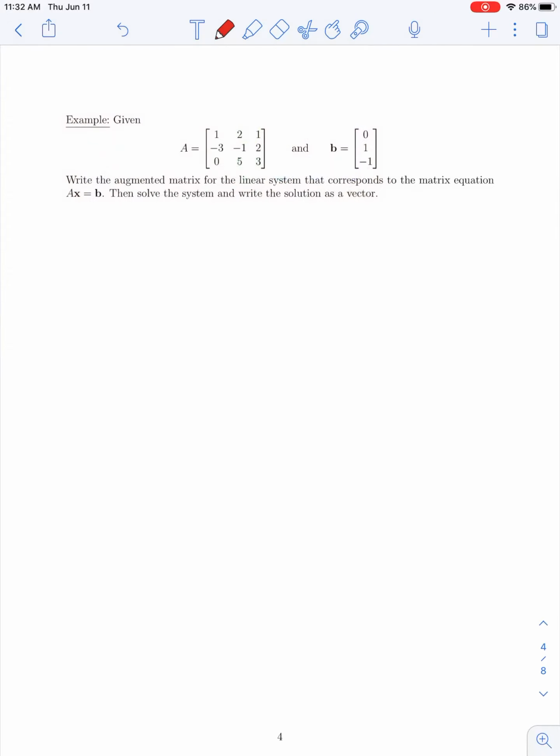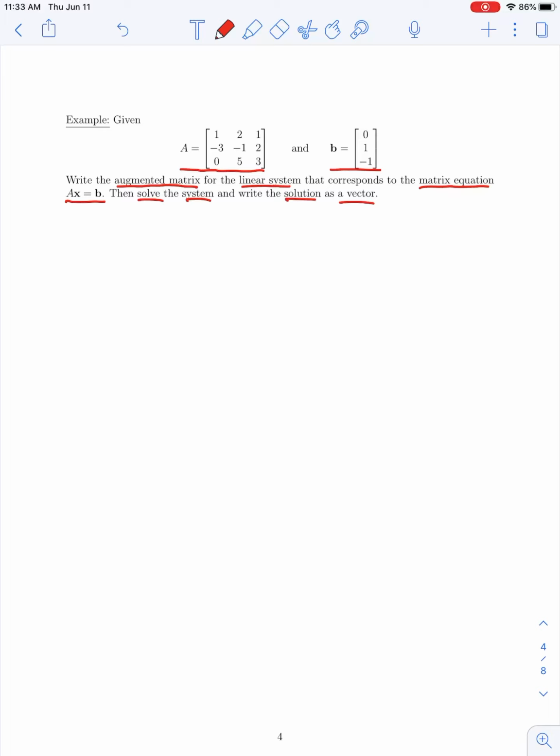For the given matrix A, a 3 by 3 matrix, and a column vector b, some 3 by 1 column vector, we want to find the augmented matrix for the linear system corresponding to the matrix equation Ax = b, and then solve that system and write the solution as a vector.